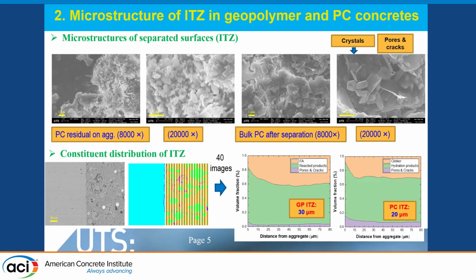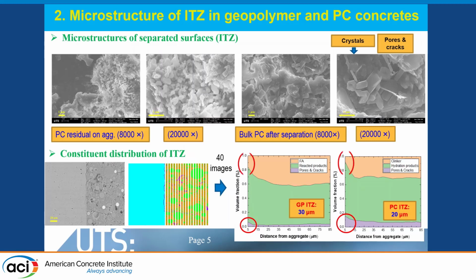Because the interface is very clear with this modeled concrete, we did all of this analysis along the interface, going from the interface to further distances. Here you can see the porosity. For Portland cement and aggregate, the interface shows high porosity, but for the geopolymer and aggregate, the interface porosity is much lower.